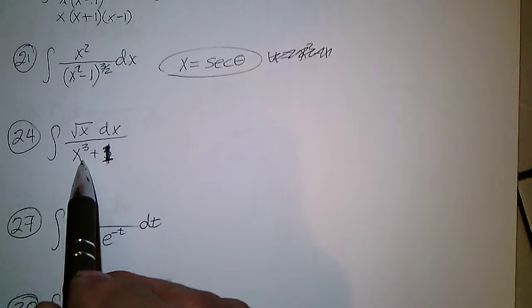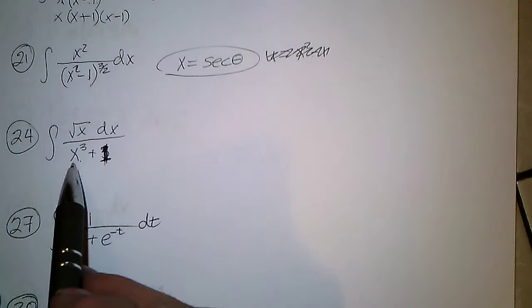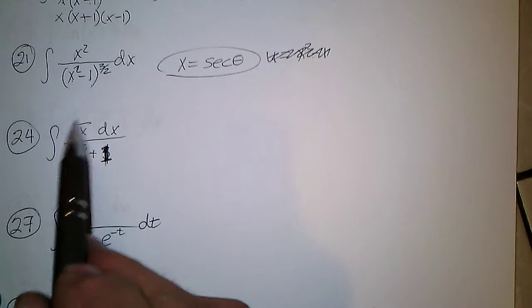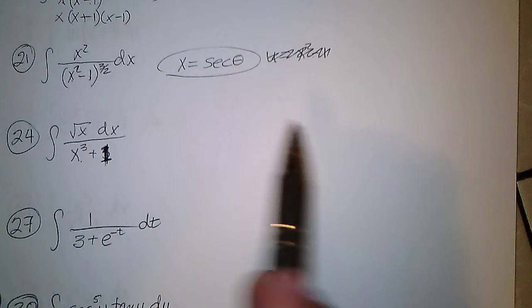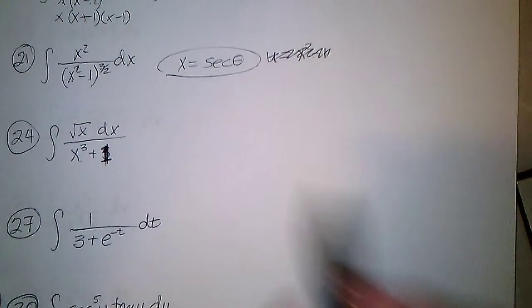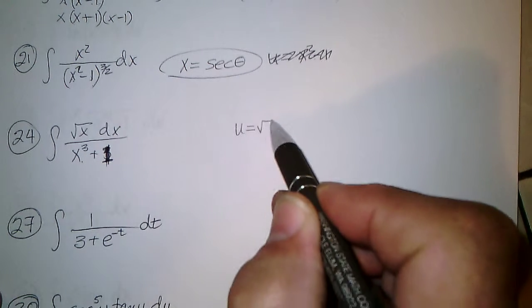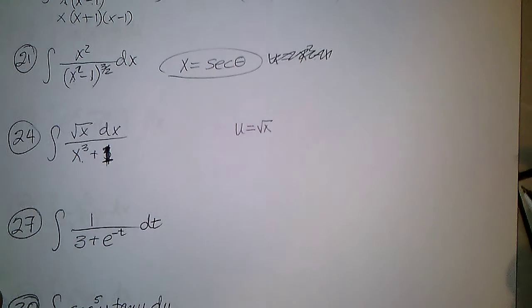This one is slightly kind of tricky. We're not used to doing cubes, but with the square root up here of x, that actually works out pretty well. In fact, if you let u equal the square root of x, then, no, I don't want to say that.